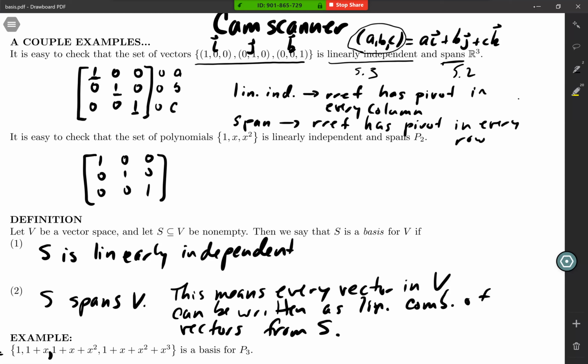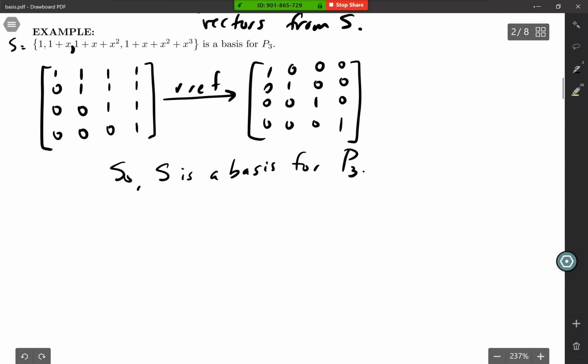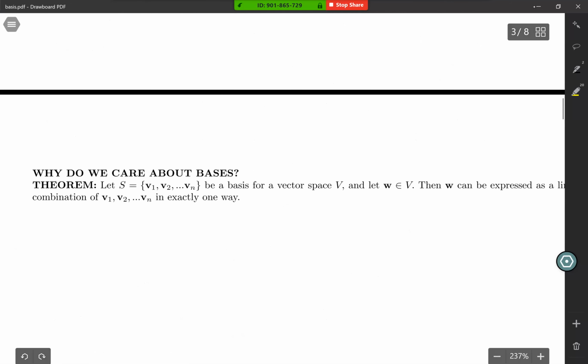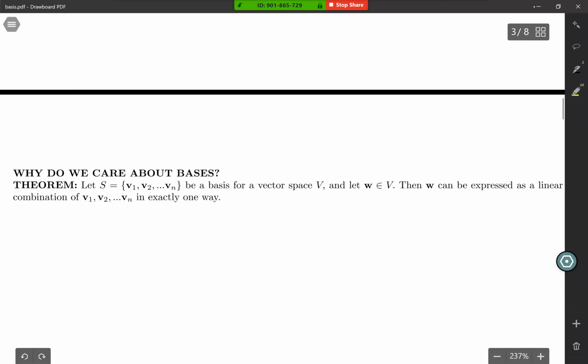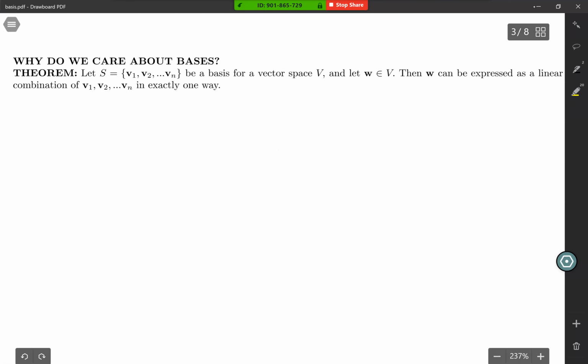So we have the idea of coordinates pops up. So that's why we care about the fact that we have bases. We have this uniqueness idea of the representation so that we get coordinates of a particular vector with respect to a basis. So let's see if we can do this proof and then do a couple of examples along those lines.